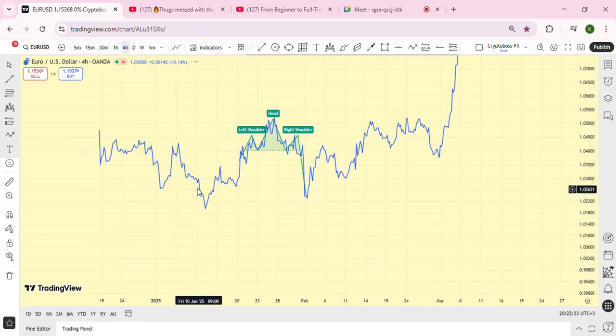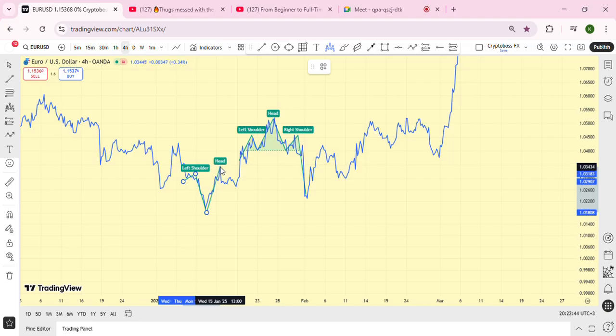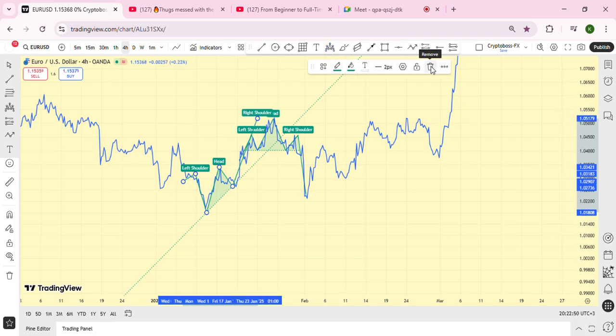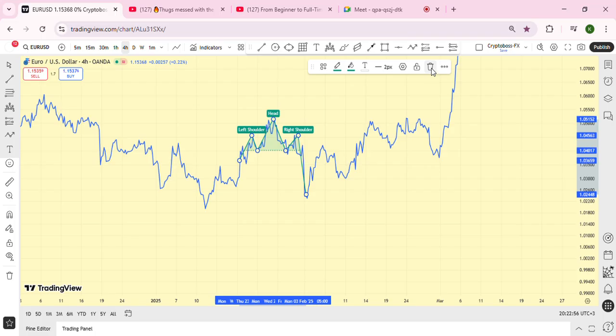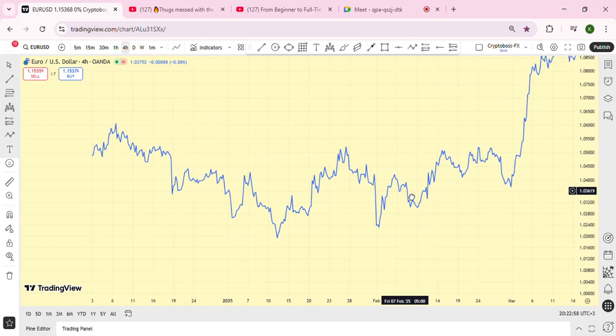On the other side, we have an inverted head and shoulders, which is somehow hidden upper. That one. We have the head, and then we have the right shoulder, and the market went up. So you can use the chart either in candlesticks or in line graph.